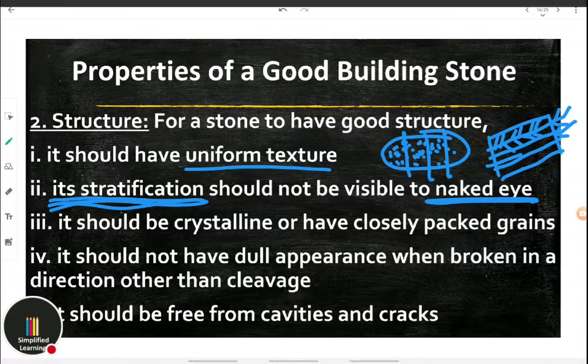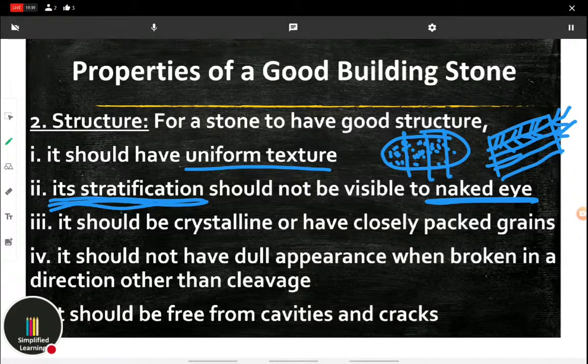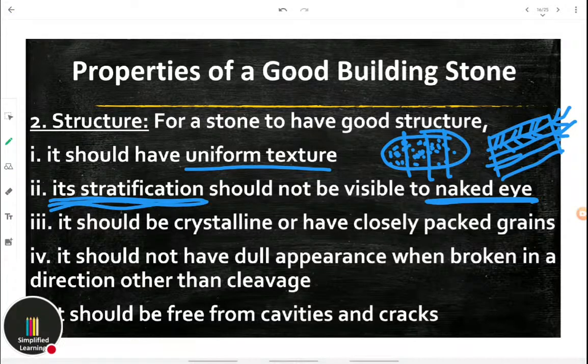Then, it should be crystalline or have closely packed grains. We just saw that closely packed grains have good strength, and loosely packed grains will have low strength. Then the appearance of the stone should not be dull. It should appear bright or appealing.